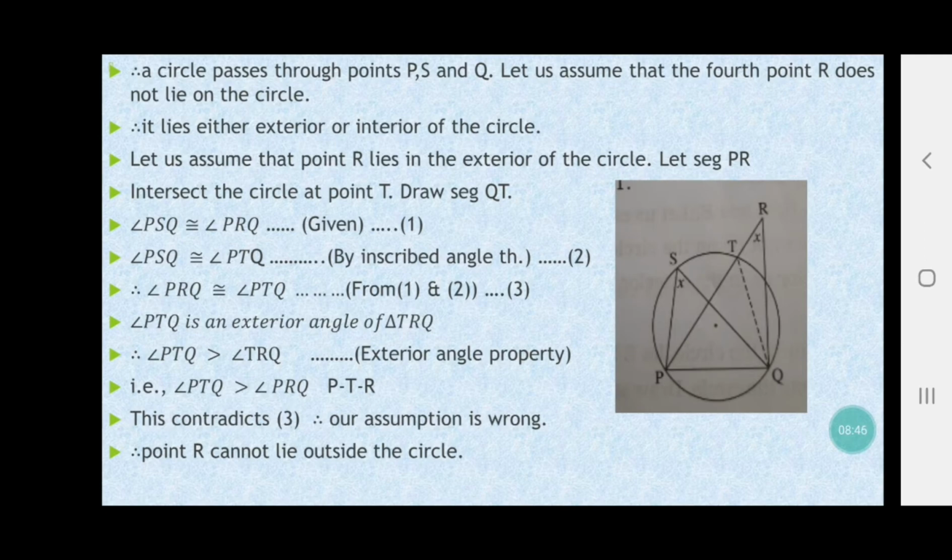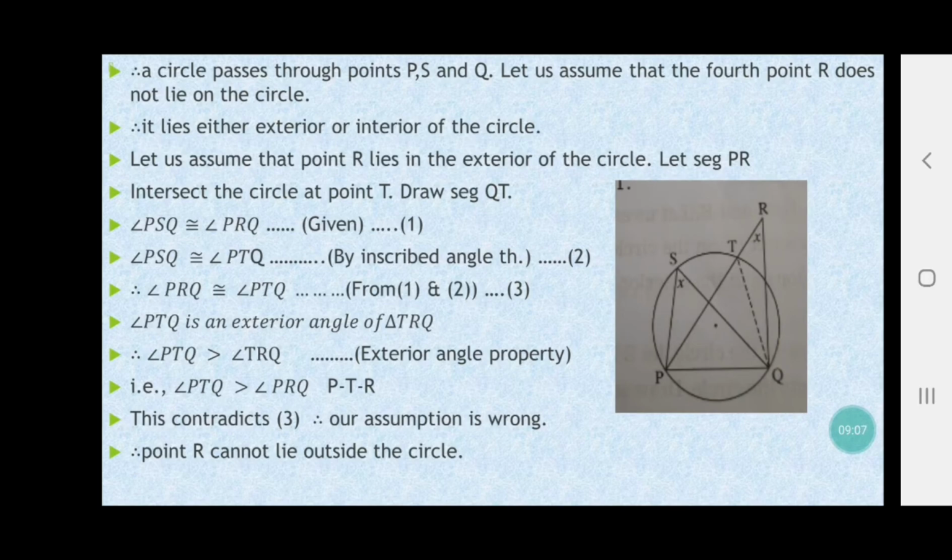We start with the statement that only one circle can pass through three non-collinear points. That concept we have to take, and then we suppose that point R is in the exterior of the circle. Same way it is drawn, point R is exterior of the circle.